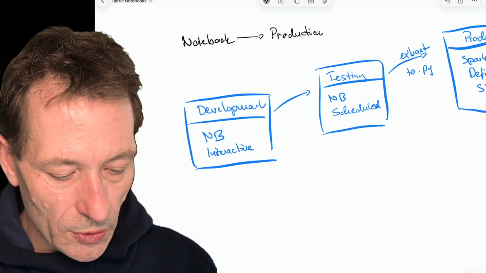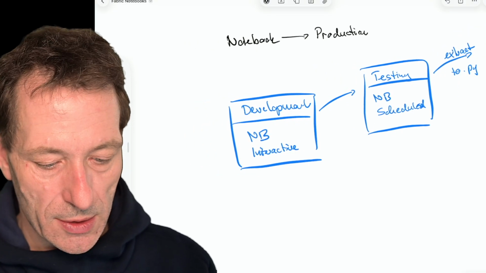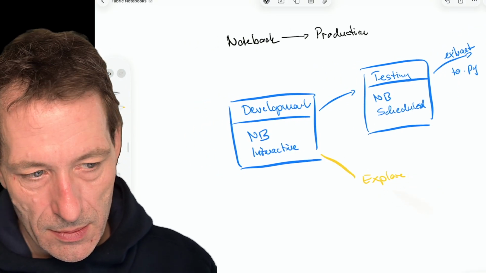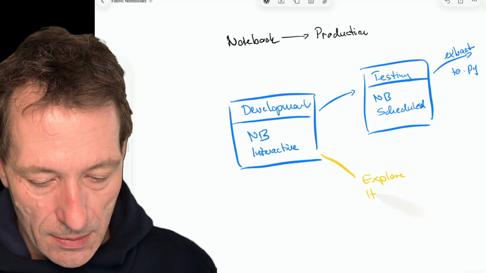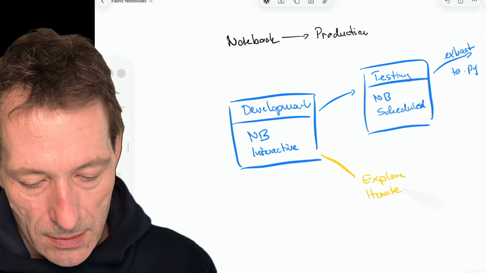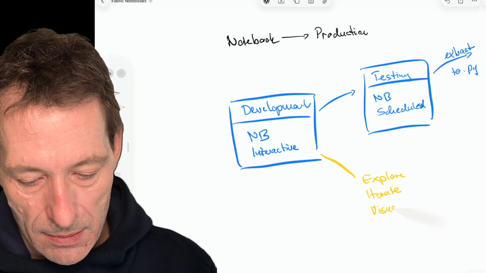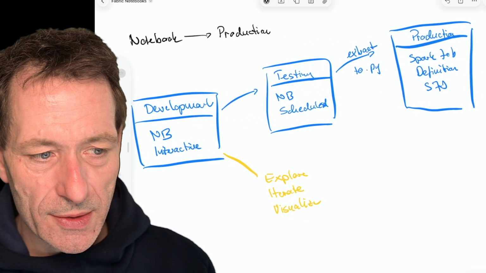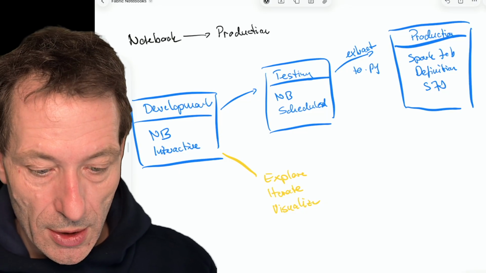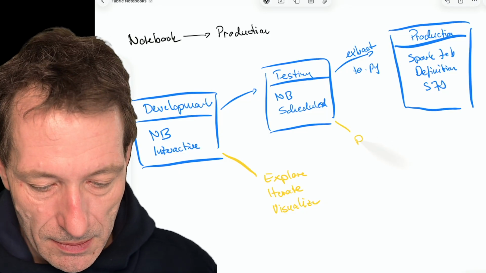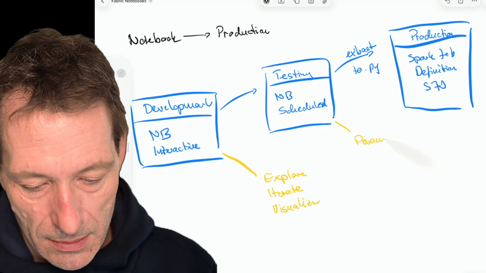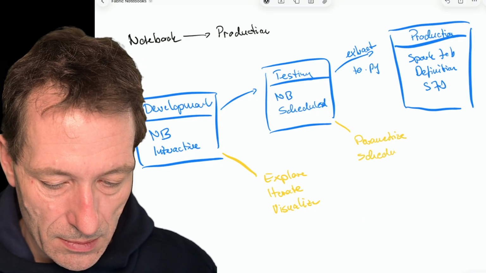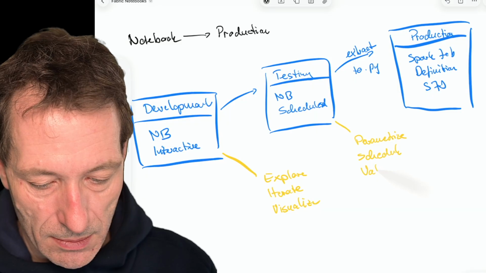So when would you need this interactivity? To explore, to iterate, or to visualize. For testing, for scheduling notebooks, you would need that to parameterize, to schedule, and for validation.